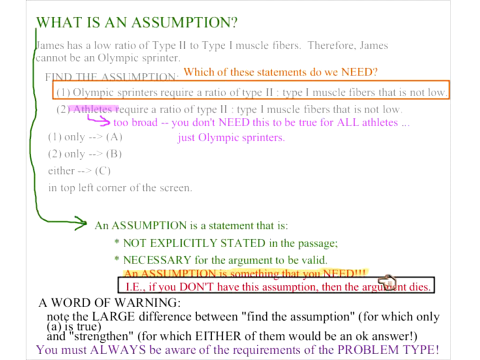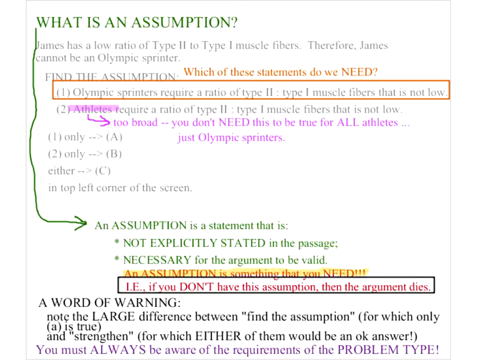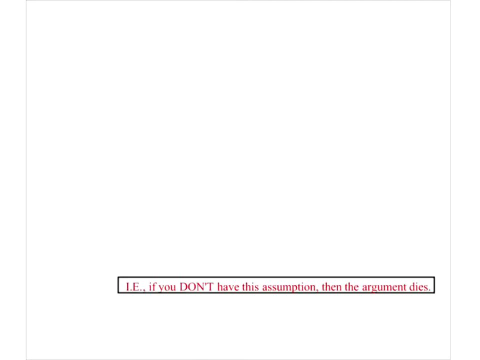Let's think about that for a second. Assumptions are necessary, which means if the assumption is not true, then the argument cannot hold up. Let's think about that. So let's take this fact, and let's bring this over to another screen and see what we can do with it.